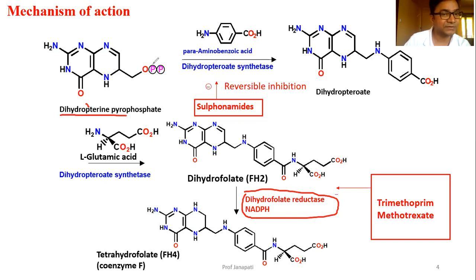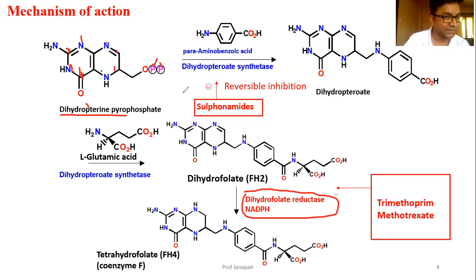And there are 2 phosphate molecules, that's why it is called pyrophosphate. Pteridine nucleus, pyrophosphate. The numbering is from here 1, 2, 3, 4, 5, 6, 7, 8, 9.